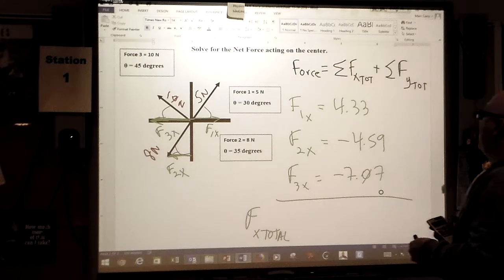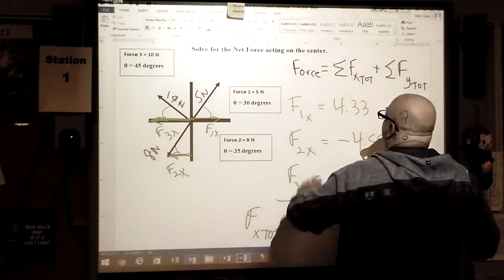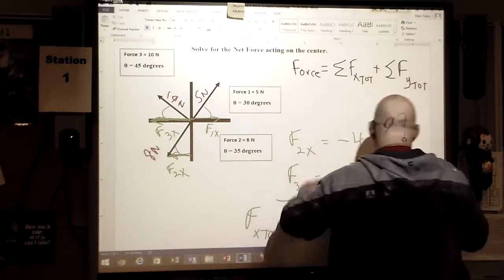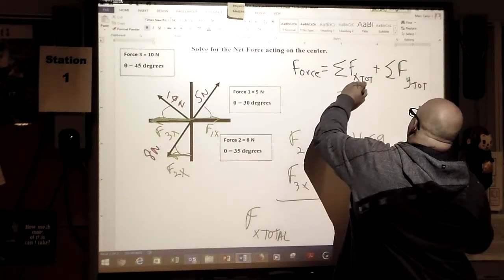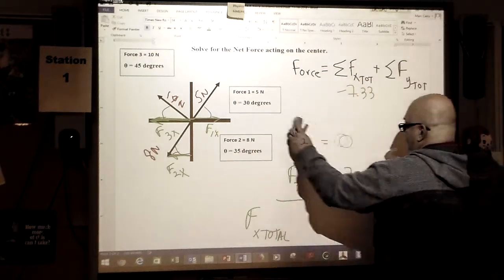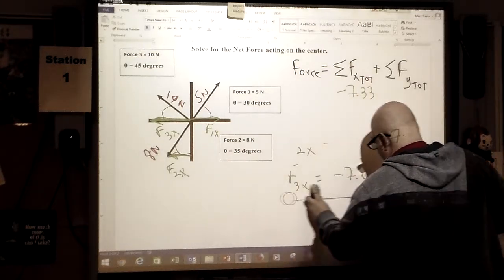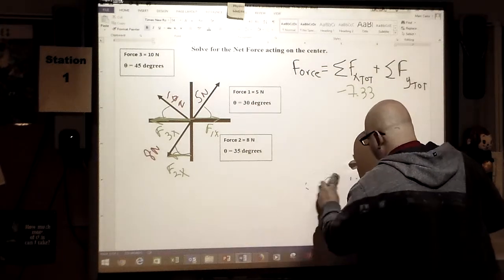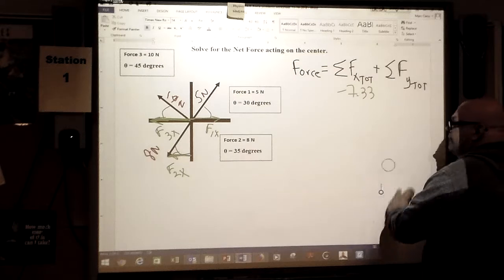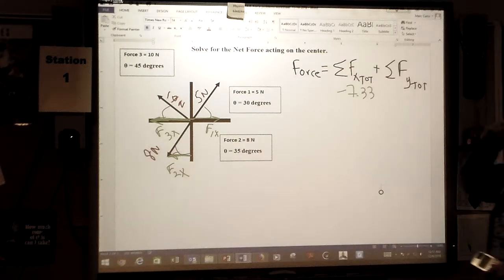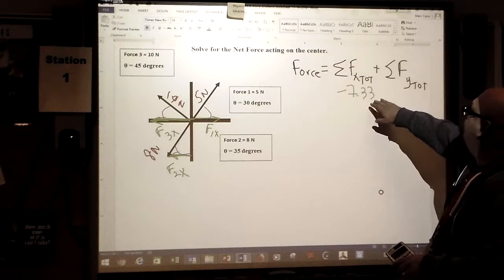So for F of x total here, I have negative 7.33. That's adding it all together. And again, if you're not understanding where I'm getting the numbers from, go and rewind it. Take your time. This is not a contest. This is not a race. So far I got 7.33.